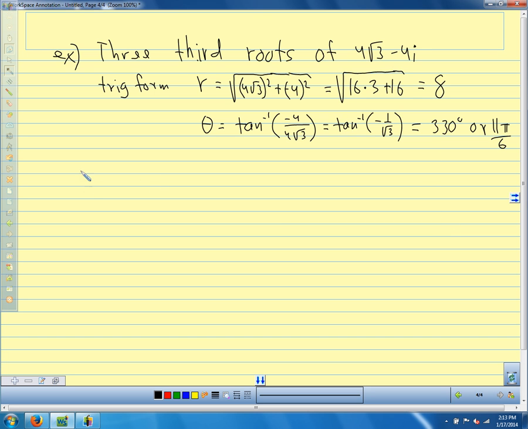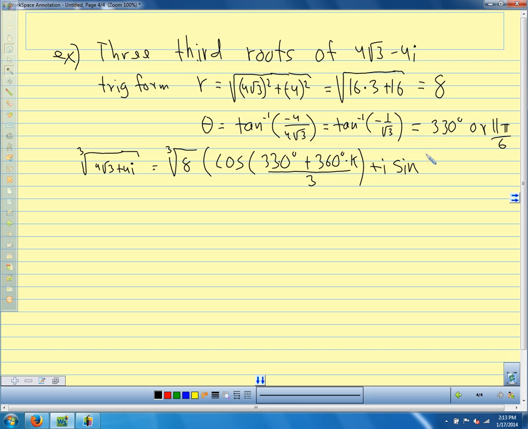So the third roots of 4 square root 3 minus 4i are going to be the real third root of 8 times, let's write this in degrees rather than radians, cosine of (330 degrees plus 360 degrees times k) over 3, plus i times the sine of (330 degrees plus 360 times k) over 3.